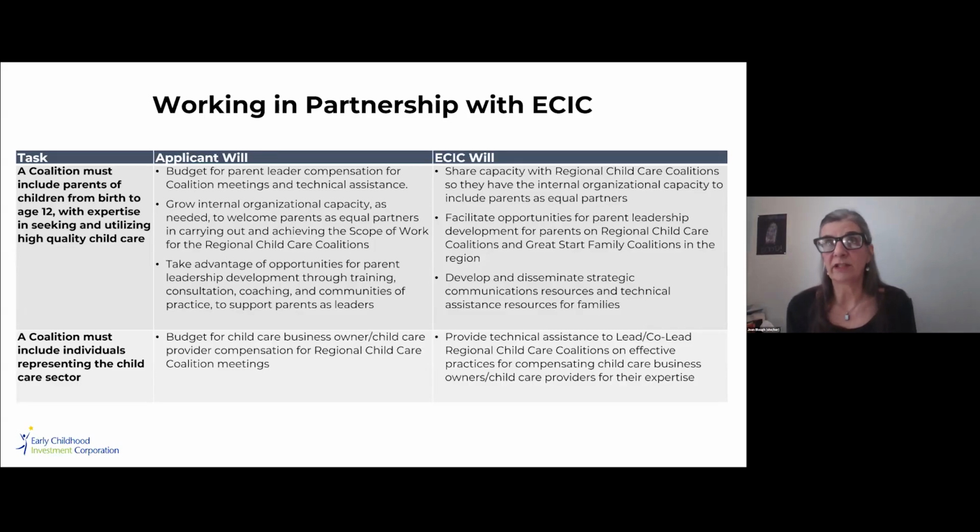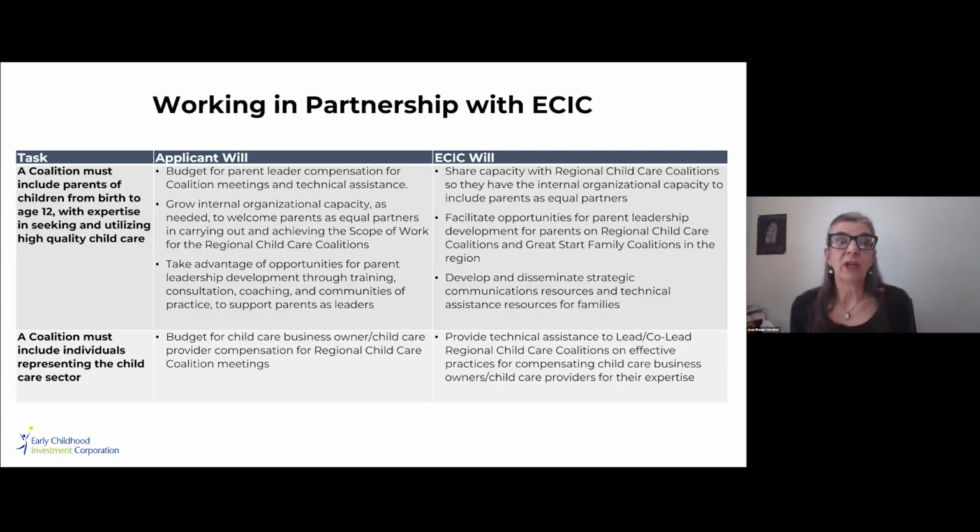One of the things that we want to be true for our lead and co-lead organizations is that we're helping you, where needed, grow your internal organizational capacity to welcome parents to your table and to engage them as full and equal partners in the work of your coalition and your scope of work.